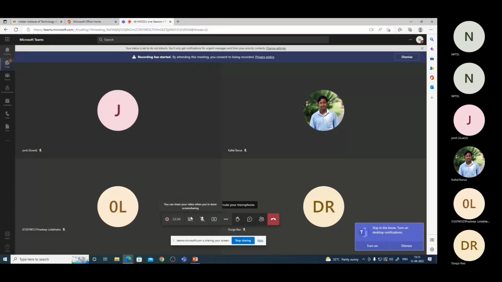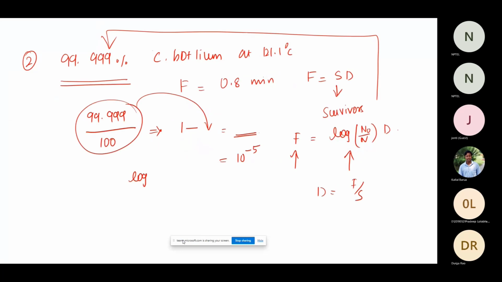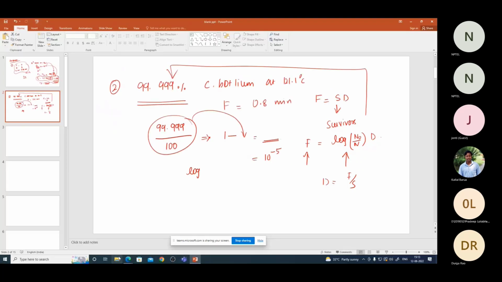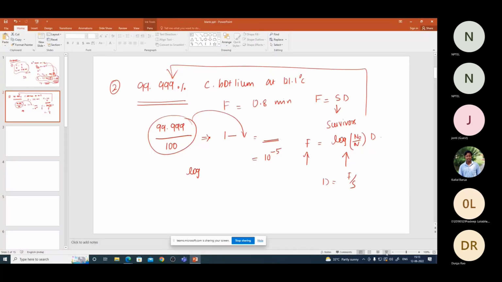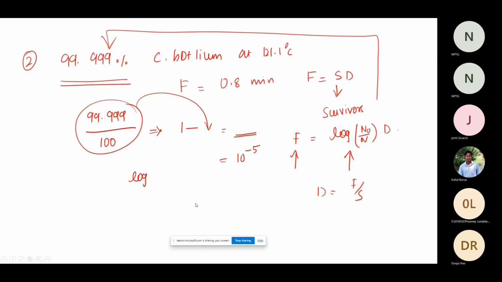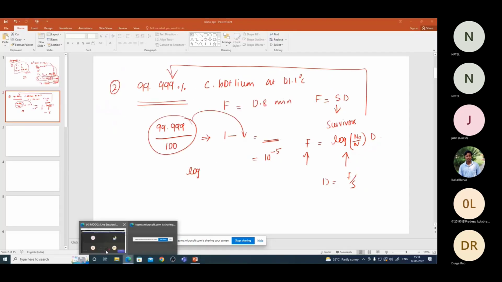We are asked to find T. The formula is D at the given temperature 121.1 degrees centigrade times log of N0 upon N. This is the initial microbes, how many spores you have, and then after the heat treatment, the final survival. For both microorganisms X and Y, the initial and final counts are the same, but their D values are different.